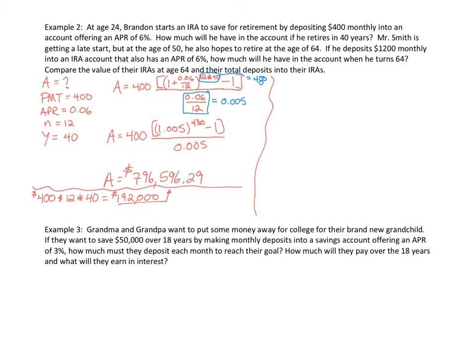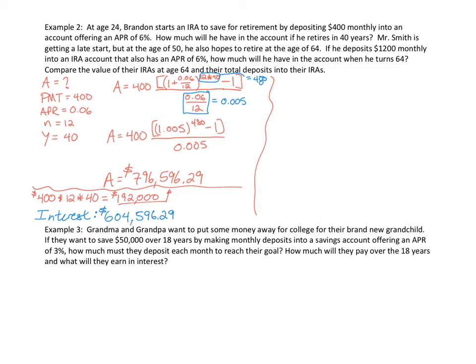Well, that's simple. You just have to find the ending amount and take away the total number of deposits. So if I write $796,596.29 and take away $192,000, you'll see that Brandon made $604,596.29.